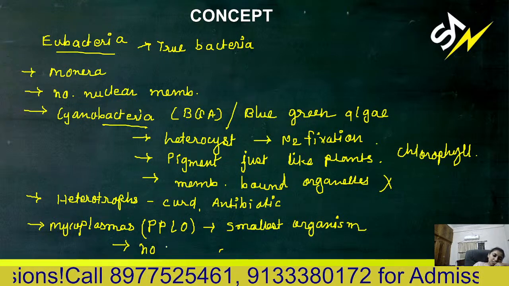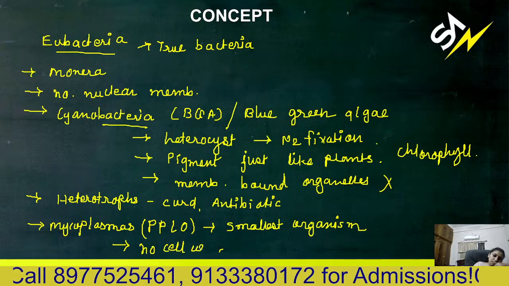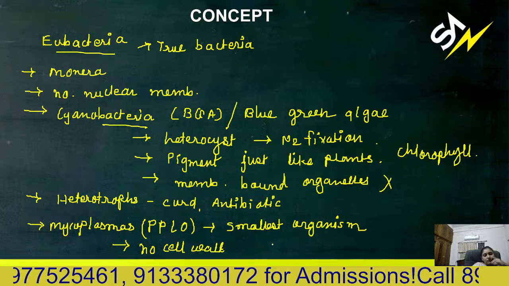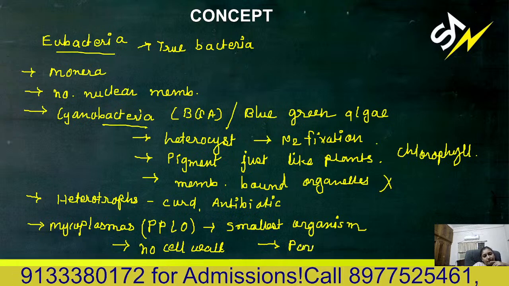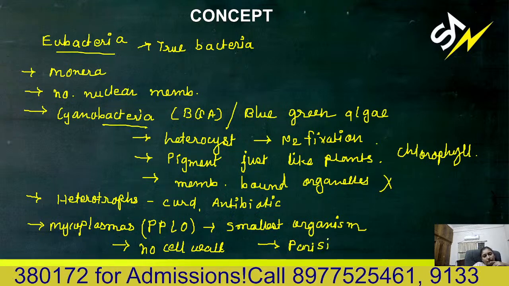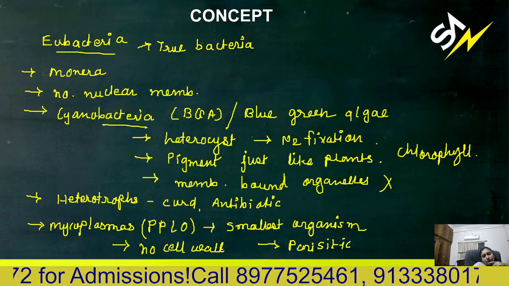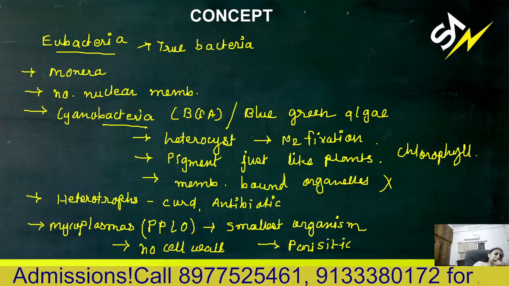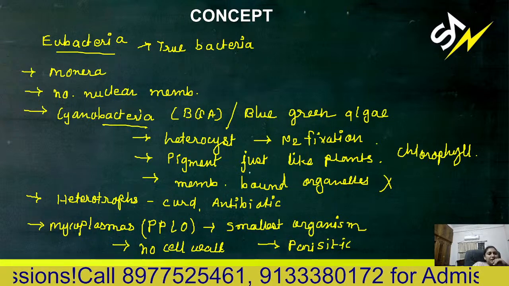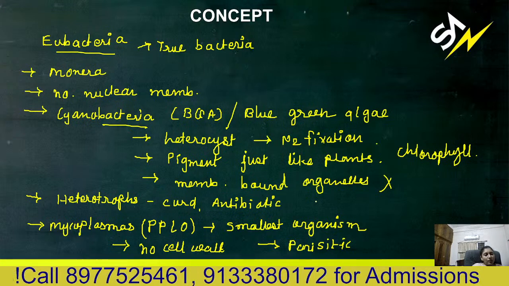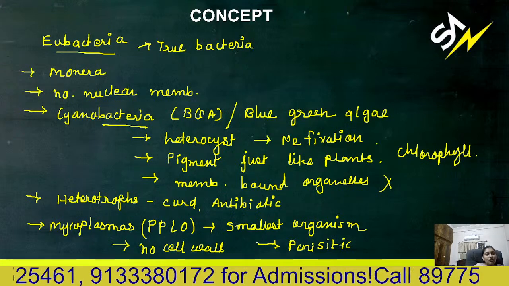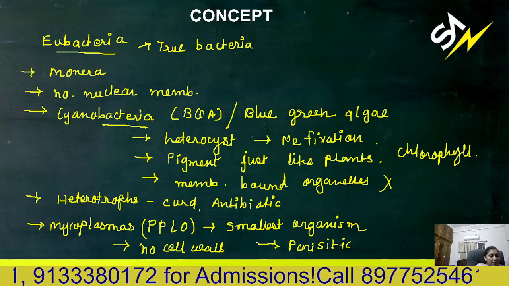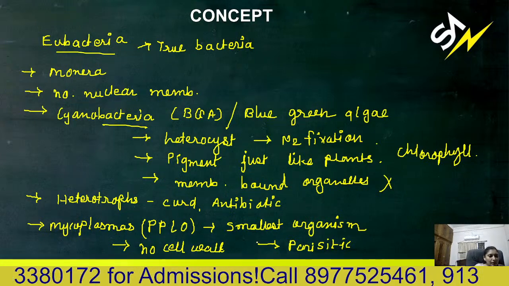No cell wall. They are parasitic. So all these are true bacteria only. See here, the cell wall is not there, but the nucleus also does not have a nuclear membrane. Okay.